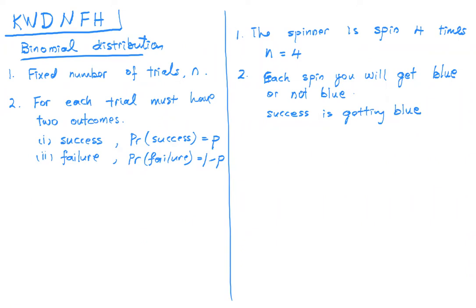So the probability of getting blue for each spin is equal to what? Look at the diagram. It's a rectangle. Can you please look at page 207 of your textbook?